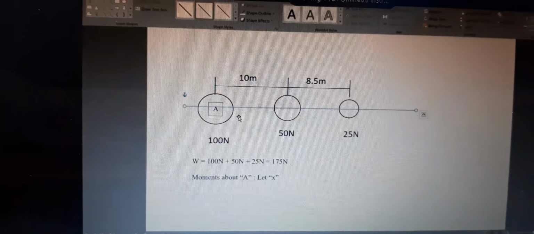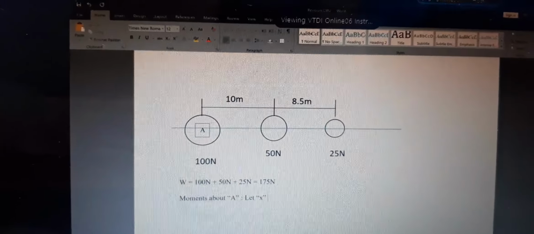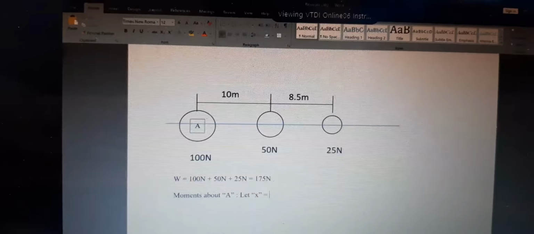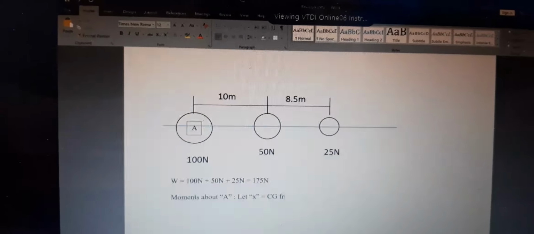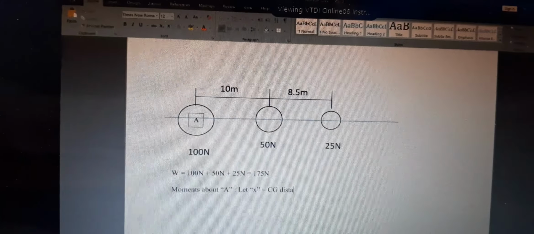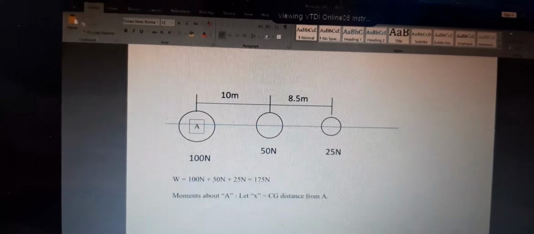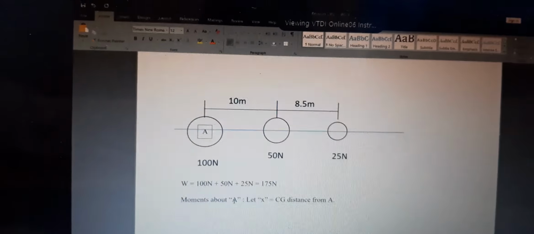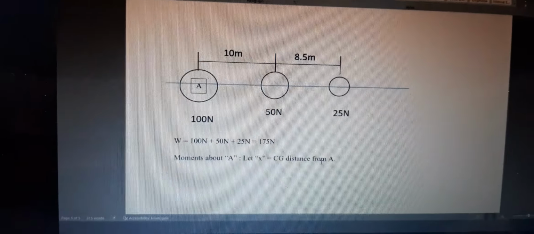So they're in the horizontal plane, which is the X. So we're going to let X equal the CG distance from A. So moments about A, and you're letting X be the CG distance from A.